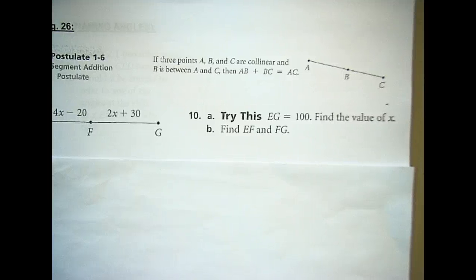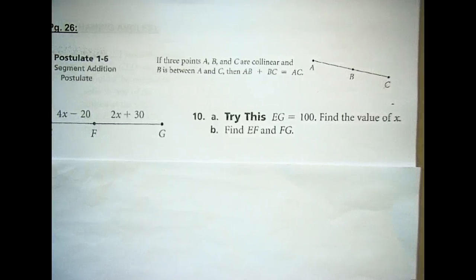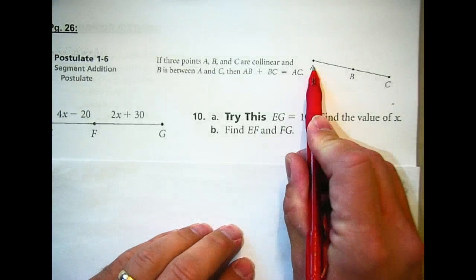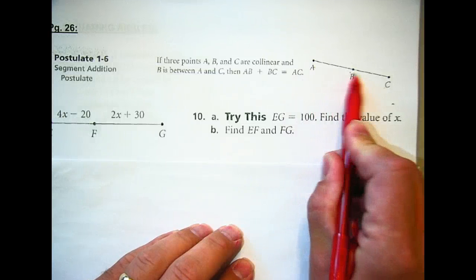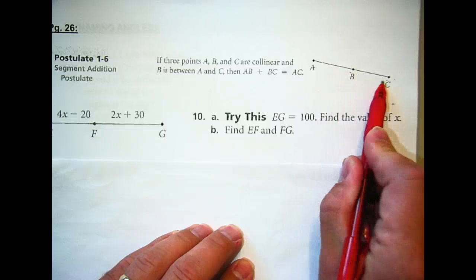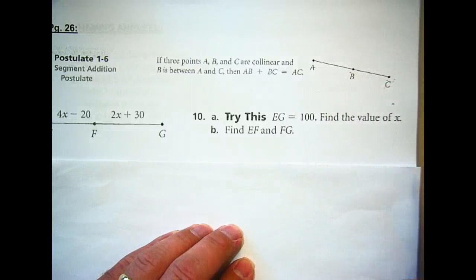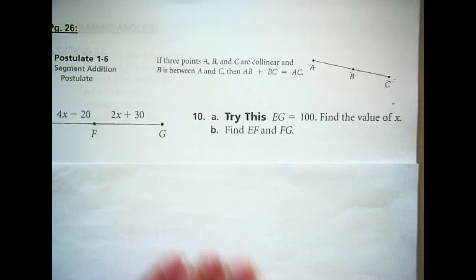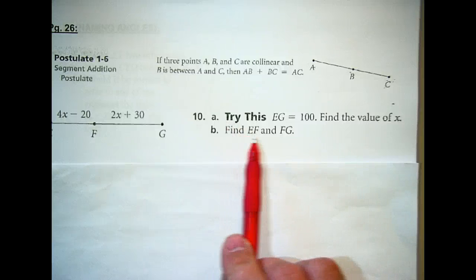So once again, sometimes it's like if-then statements. You're like, well, if this length and this length make that whole length, then that plus that equals that. That's what they're saying. How many knew that? Yeah. Duh.